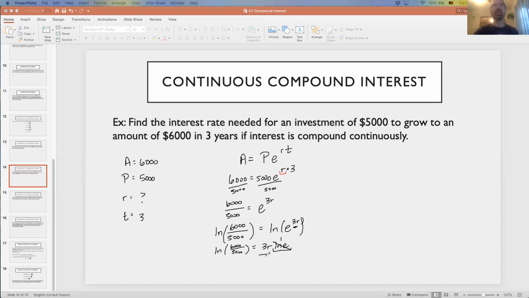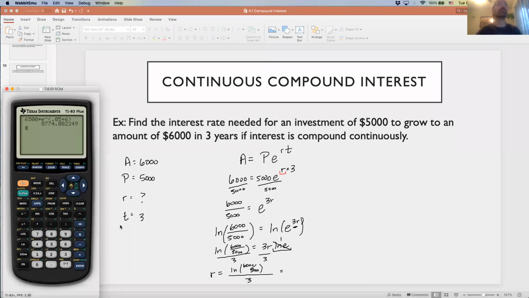So now the last step is to divide both sides by that 3. And so the rate is natural log of 6,000 divided by 5,000, divided by 3. Okay, let's see what that will be. So we've got the natural log of 6,000 divided by 5,000, divided by 3.